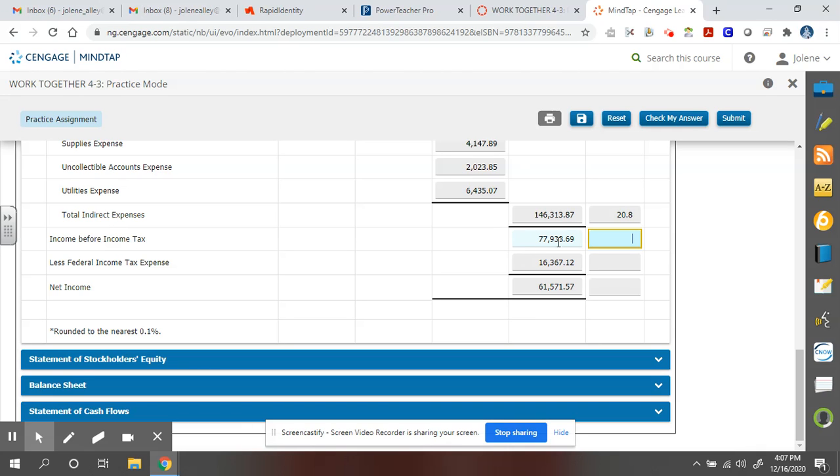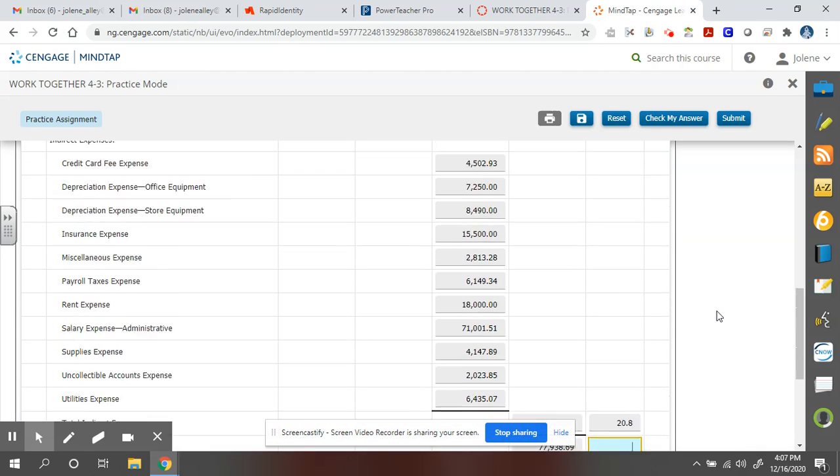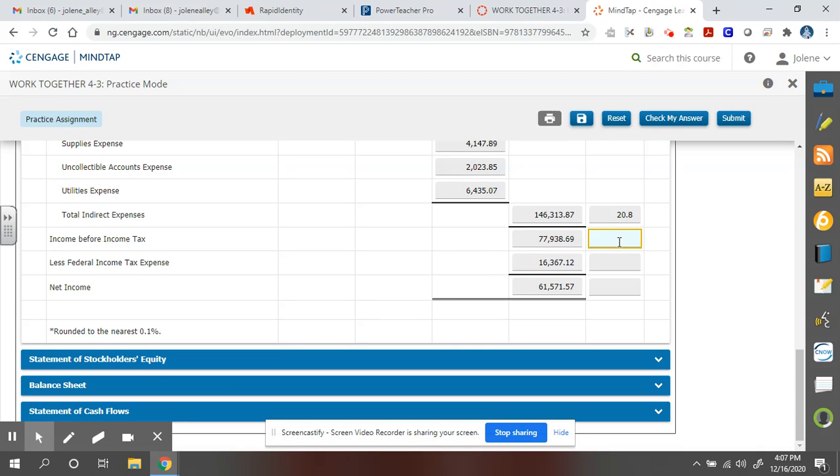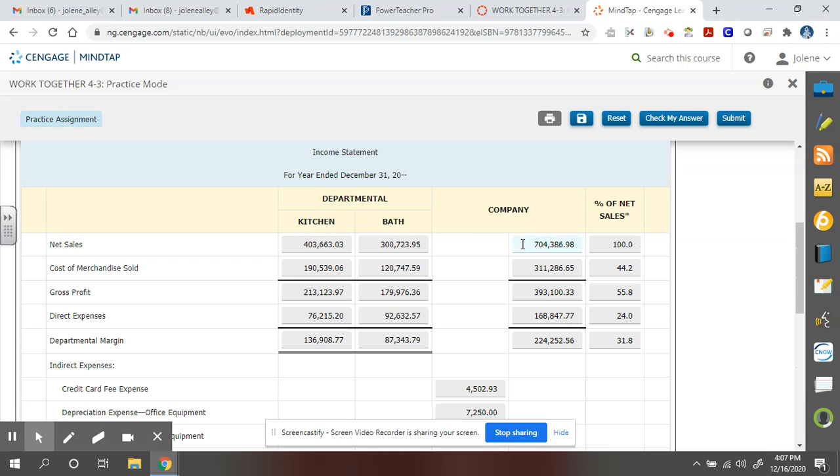Put this in the numerator and then hit divide and put this 704,386.98, and that comes out to be 11.1%. 16,367.12 divided by, up here, 704,386.98.